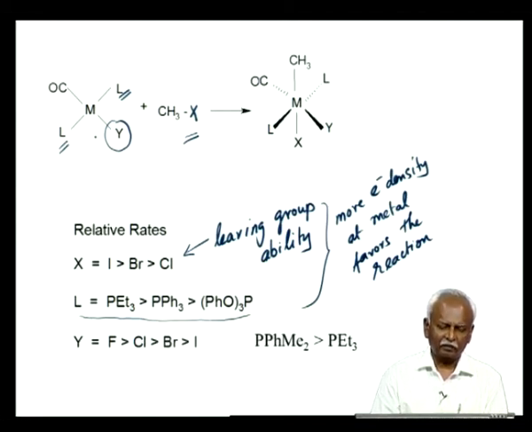But on the other hand, it turns out that fluorine is much faster than chlorine, than bromine and iodine. This is contradicting what we just said regarding the electron density of the metal. And there was another slight difference. It was possible to show that PPhMe2 is much faster than PEt3.